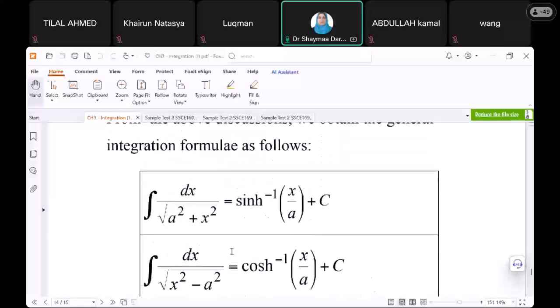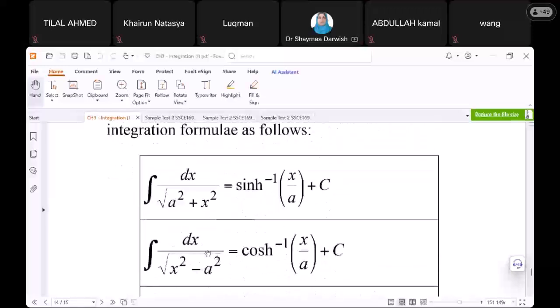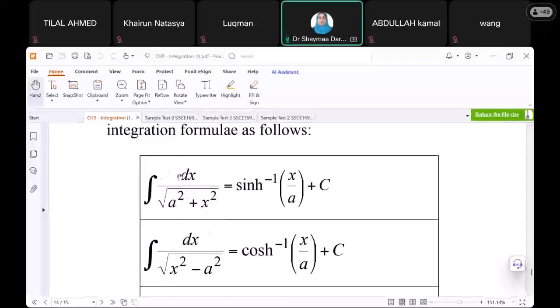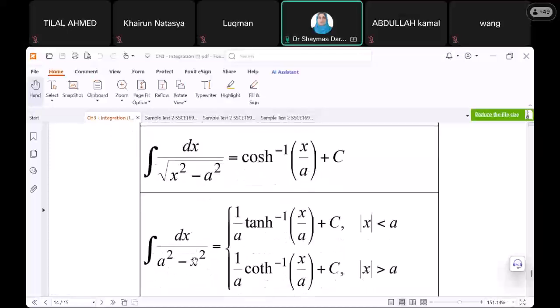This formula we provide to you in the test, but you need to know how to apply it. Usually, if I have a fraction, in the numerator you have a constant, and below you have a quadratic expression without x or with x. If you have x, you need to complete the square. But if you don't have x, like a square plus x square or x square minus a square, these are quadratic formulas.